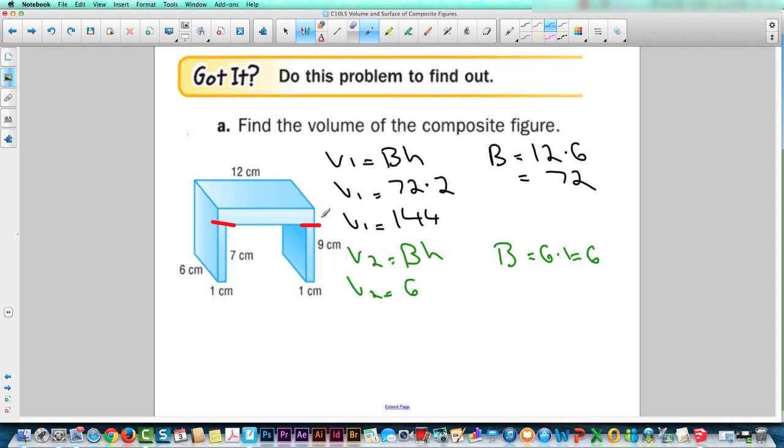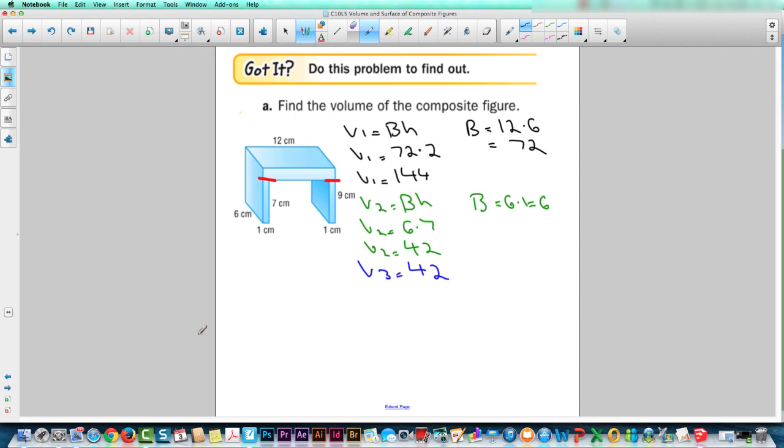Now remember, the height is not 9. It only goes to the bottom part of the table. So that's 7. So V2 is equal to 42. Now I notice that this side over here is symmetrical with this. So volume 3 is the same exact volume as volume 2, 42.